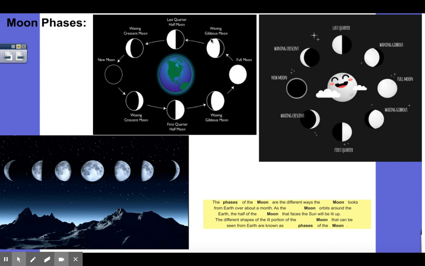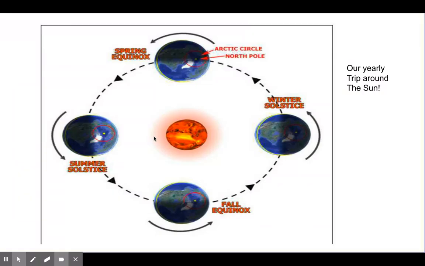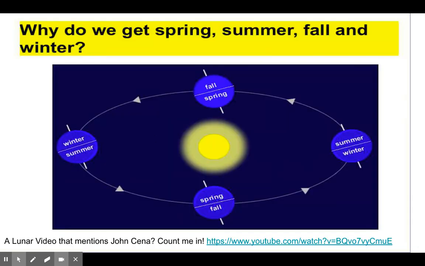Then it wanes, okay? The left side is lit. Last quarter, left. Waning crescent, and back to a new moon. So our right side of the moon is lit, and then our left side is lit as it goes through the phasing. And of course, we had Colten helping with our facts and then our seasons, okay?